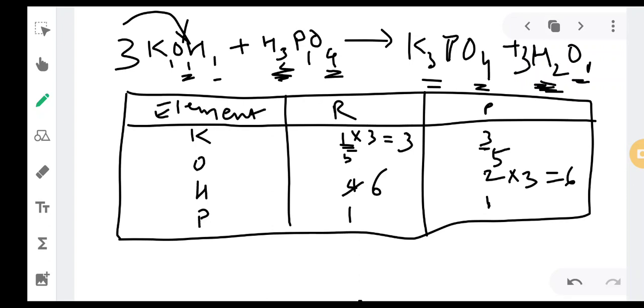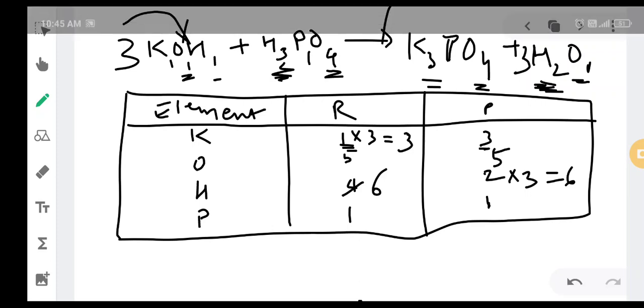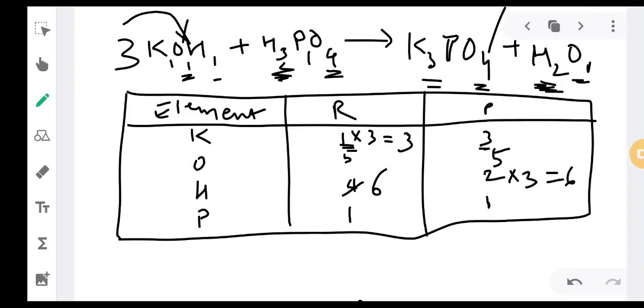So when you multiply it in this format, this equation will get balanced. Let's take a look. On the left hand side, we will see the various different atoms and the number of atoms on the reactant side and product side.